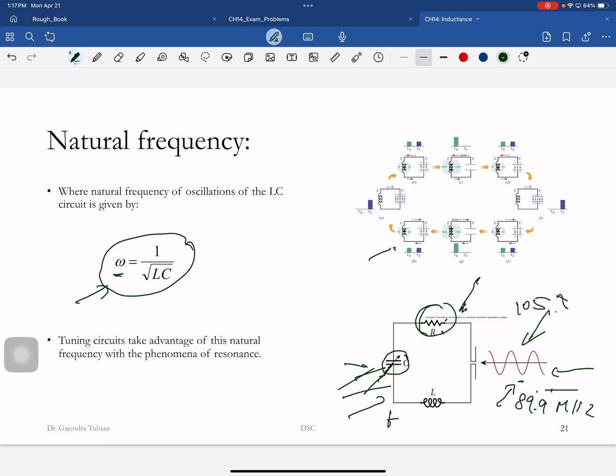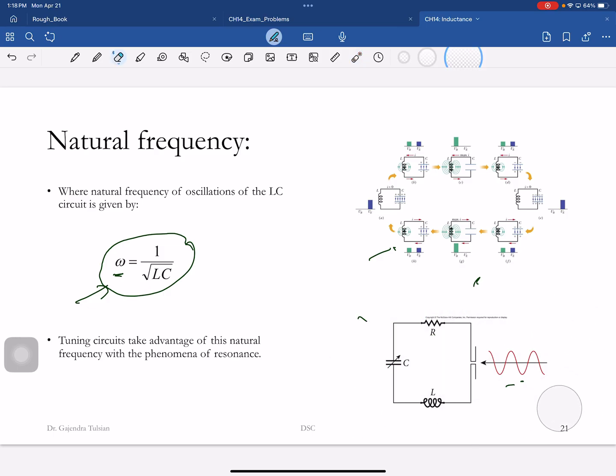When the frequency of this matches the frequency of the signal, this signal will set up a large current in the circuit. How about all the other frequencies? They set up very small currents when the frequency doesn't match. So that's the phenomenon of resonance. Tuning circuits take advantage of the natural frequency of oscillation of the circuit with the phenomenon of resonance.